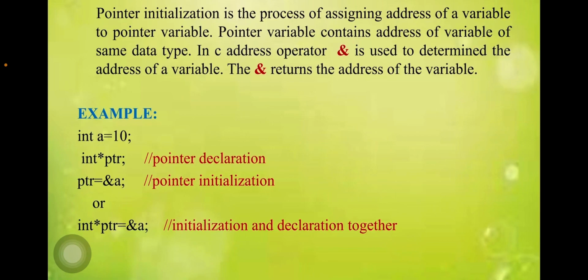In this statement where we are initializing the pointer, we are assigning it the address of a, or we can also write it in a shorthand in a single statement like int star ptr is equal to address of a. Here we are doing the declaration and initialization together. So now the pointer variable ptr is pointing to address of a.